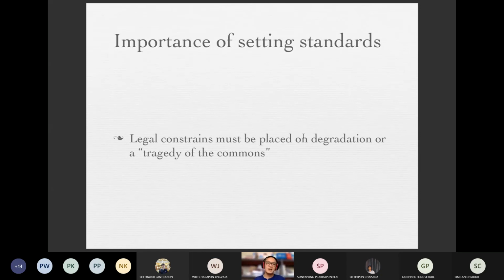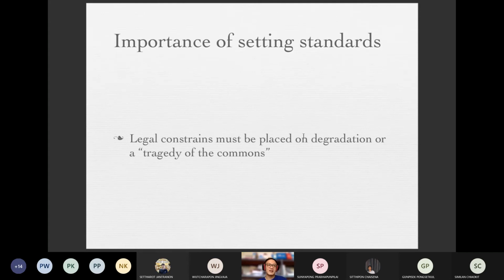But very interesting, some scientists compare the environment to the commons, where people try to extract the resource and discharge the waste into the environment, just like the concept of using the public toilet.